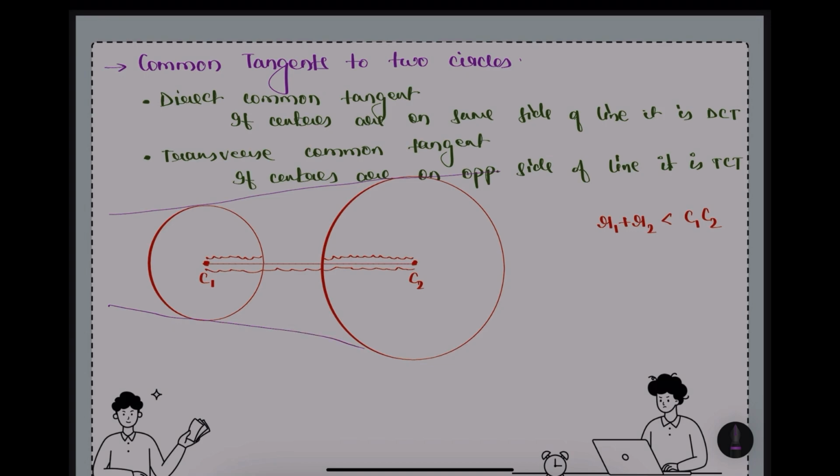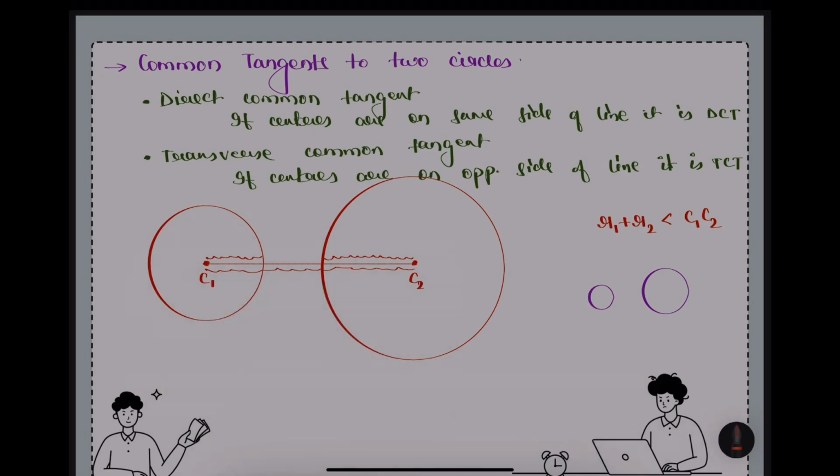Suppose it is a tangent. So you already got two tangents. Now you can also have this tangent. I'll draw a smaller diagram. Now look at this. Can we have a tangent?